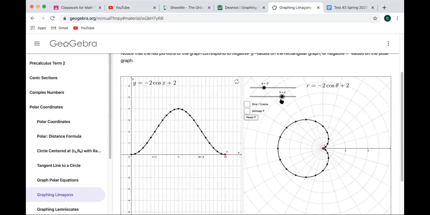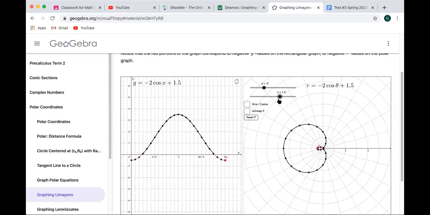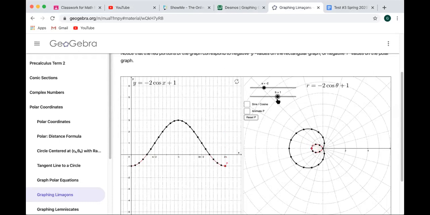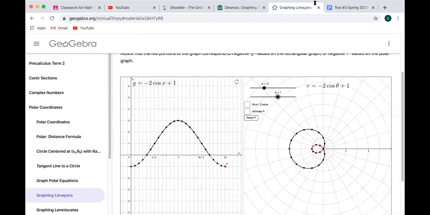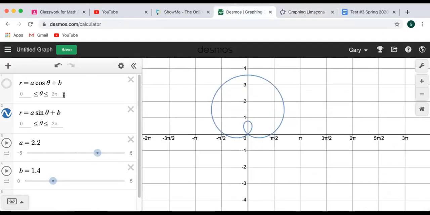Now it's true that B can be negative, but something kind of surprising happens. Actually, let me go to Desmos.